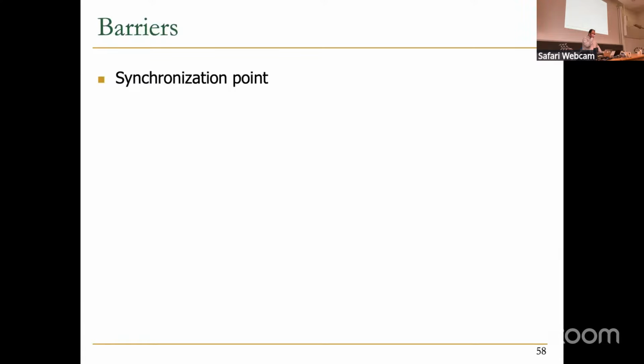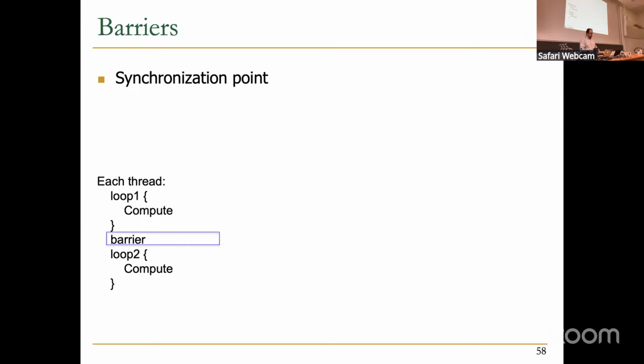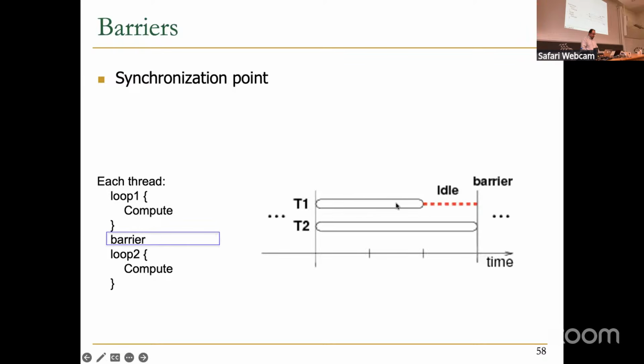Another example could be barriers as synchronization points. Each thread does some computation, and then you have a barrier to make sure all threads synchronize, and then they continue. The problem is that different threads can reach the barrier at different points in time.